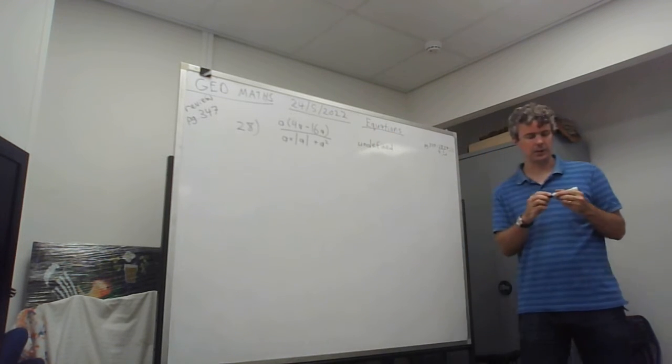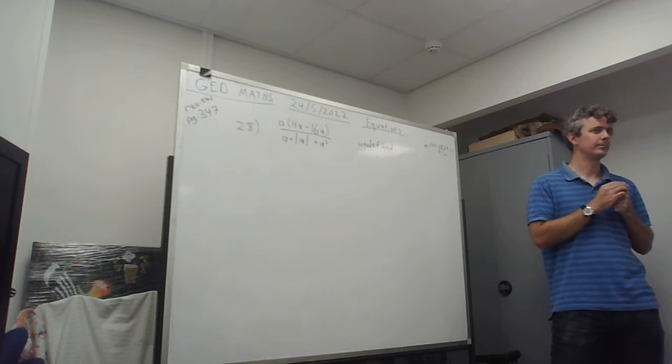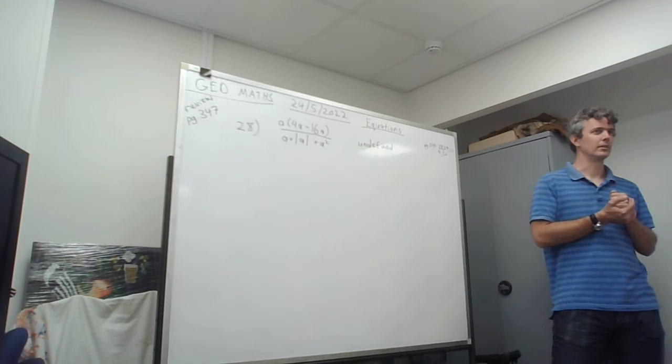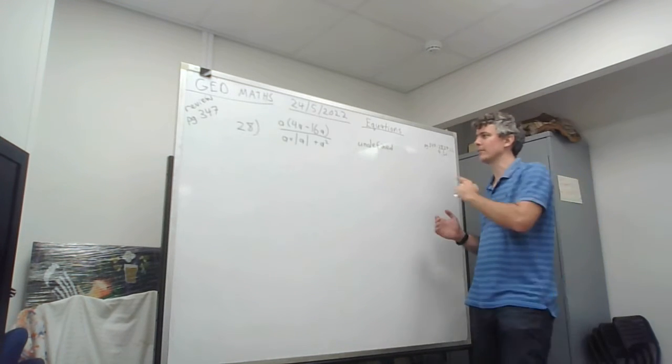Remember from last week what undefined meant? How we could get undefined? If you try to divide by 0, you get an undefined answer. You cannot divide by 0.